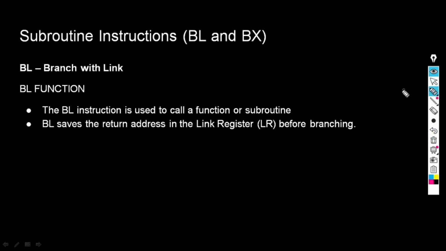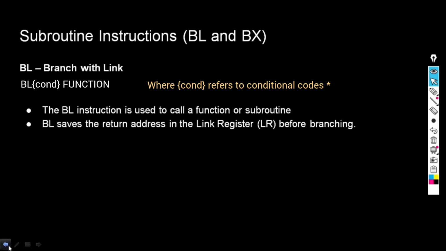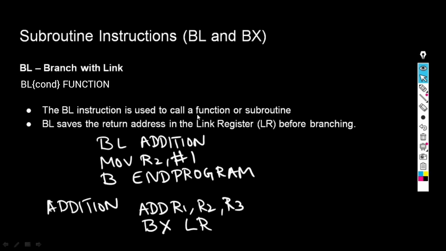Before that, let's know some terminologies. BL and BX. What is BL? BL means branch with link, and in the next slide you have something called BX, which is branch and exchange. So what happens here is that instead of just using a branch, I'm using branch with link followed by a label.